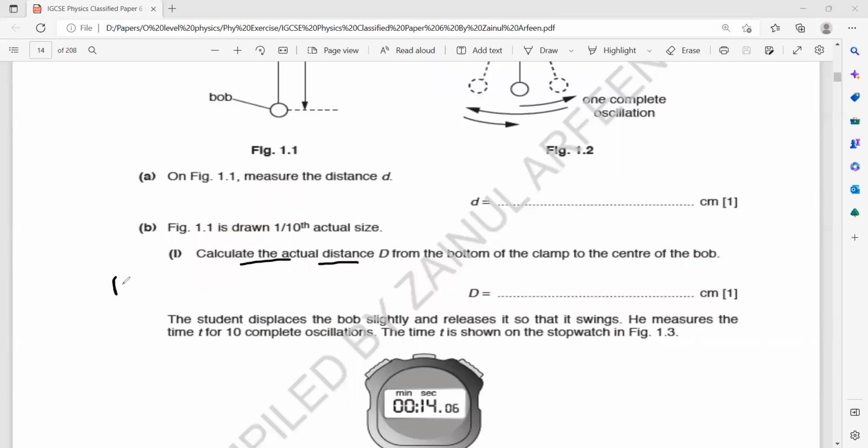The figure size is 1/10th of the actual size, that is, they specify the scale. If I need the actual size, it will be the figure size times 10. The figure size was 3.6, so 3.6 multiplied by 10 is 36.